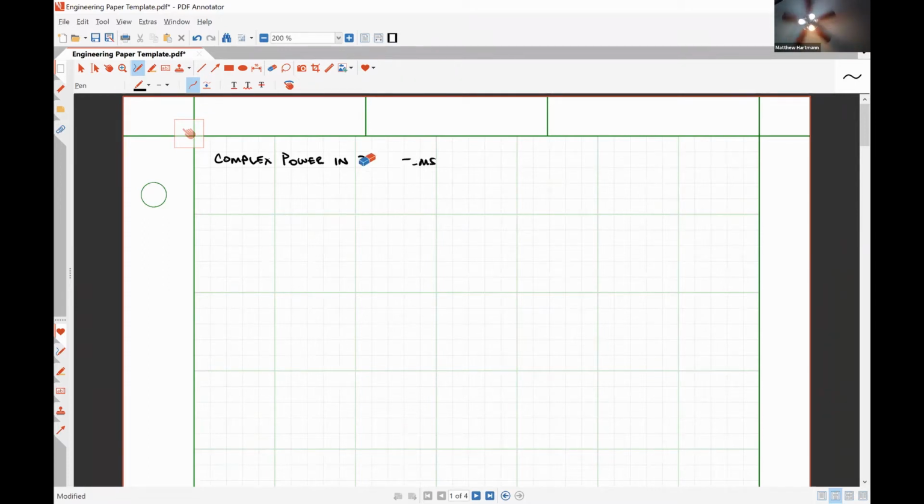And actually, let me specify explicitly that it's a balanced three-phase system.